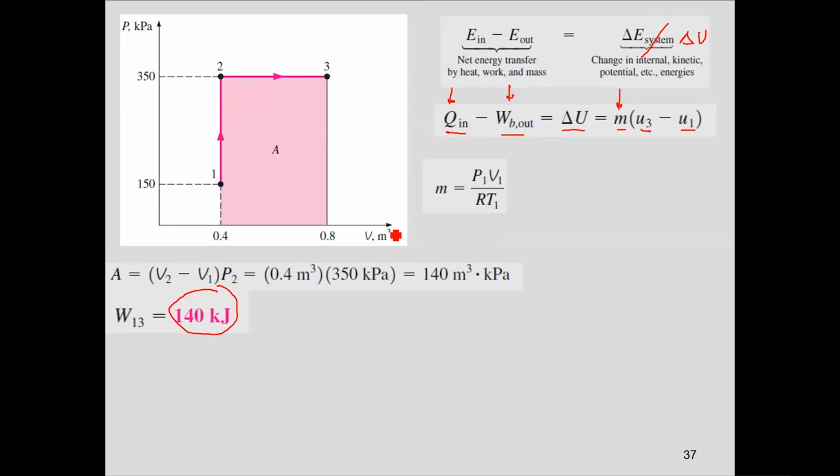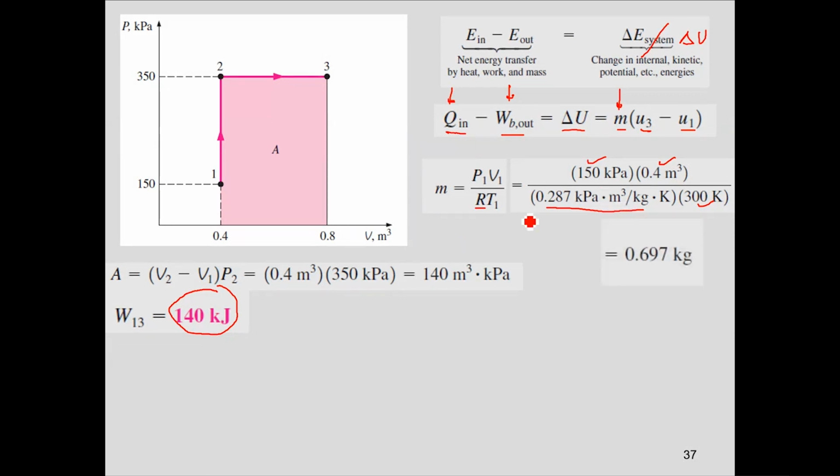Remember that for an ideal gas, mass is P1 V1 over R T1. R is the gas constant for air, which you can find from table A2A. You just have to plug in the values, 150 kilopascal, volume, temperature in Kelvin, and this R, the gas constant for air as an ideal gas, and that would give you the mass of the system.